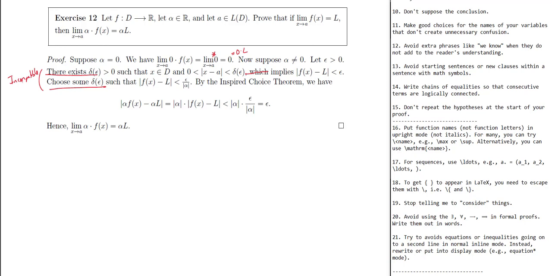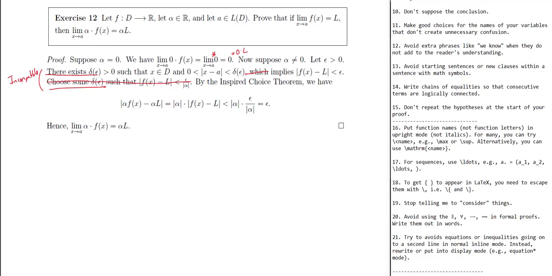And then you want to use the inspired choice theorem, which it seems to me that if you're going to use the inspired choice theorem, you don't have to play this game right here, right? I think you can just get rid of this. And you could say by the inspired choice theorem, we have, let's see, the absolute value of alpha x minus alpha L is equal to, okay, and that we want because, right, we're trying to figure out this difference. It's equal to the absolute value of alpha times the difference between f of x and L, which we already know, that last bit, is less than epsilon.